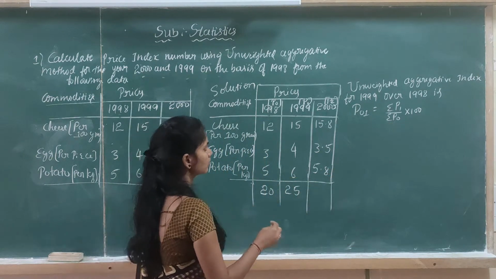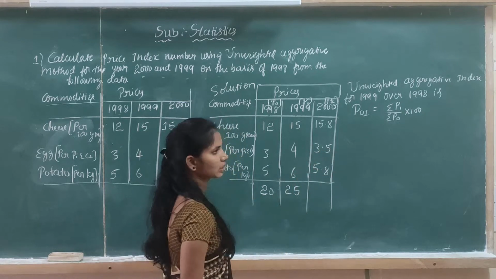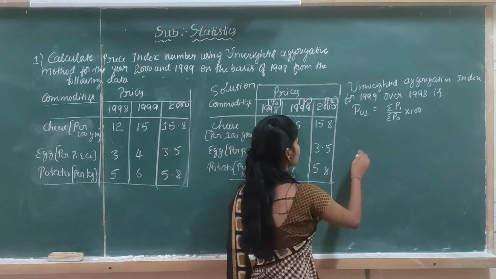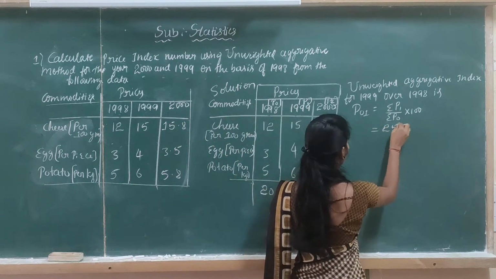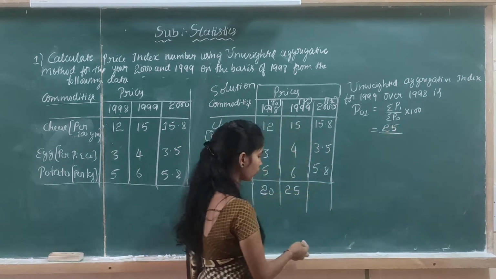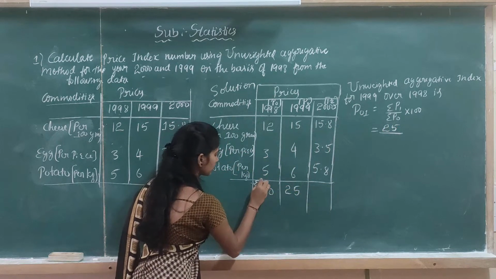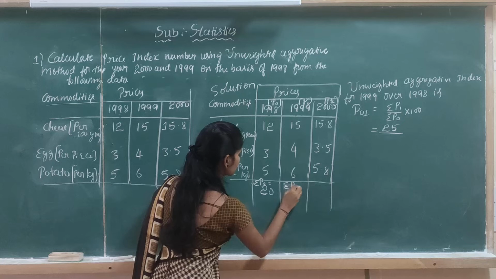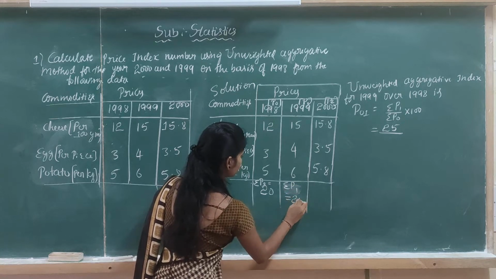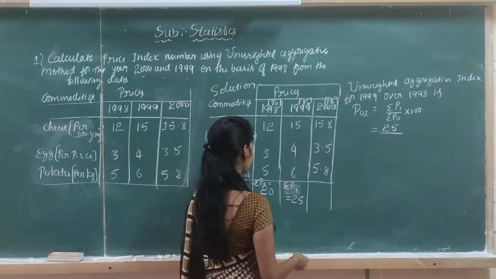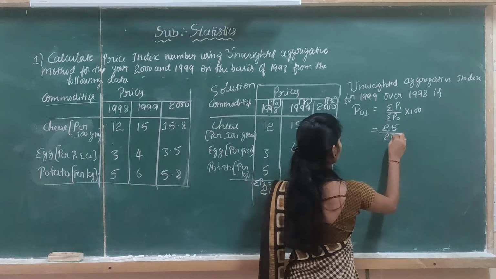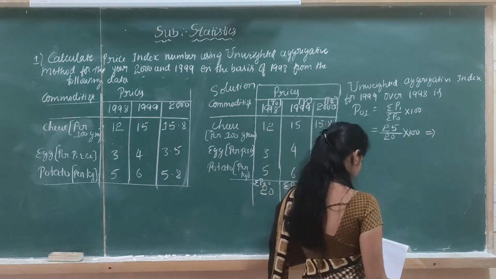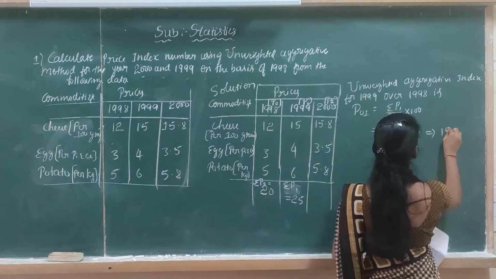Next, apply these two values to the formula: summation P1 value is 25 divided by summation P0, which is 20, into 100. So the answer is 125.